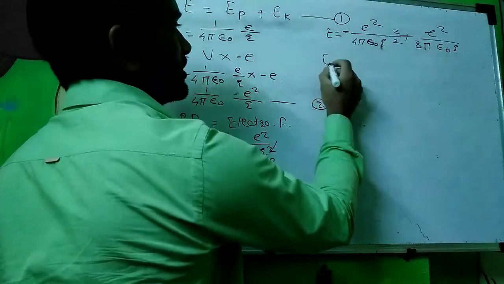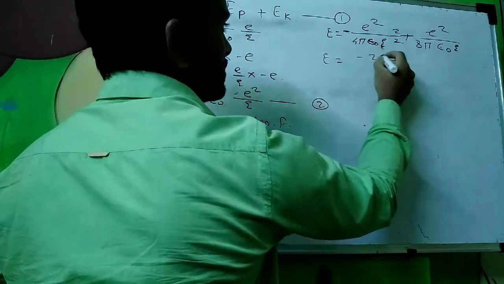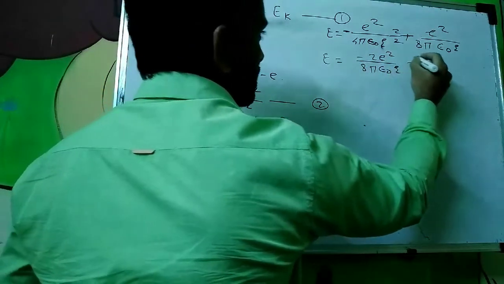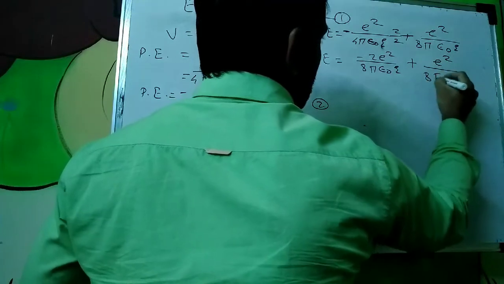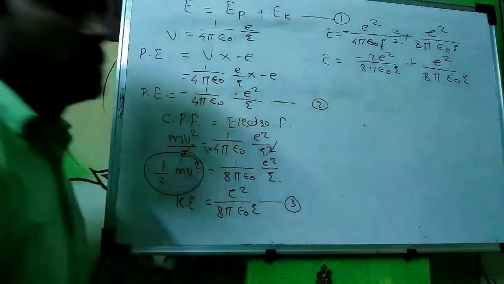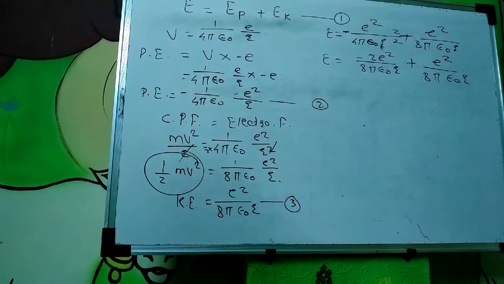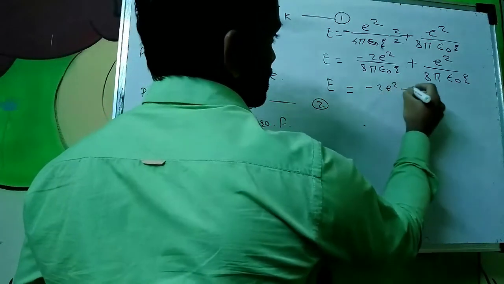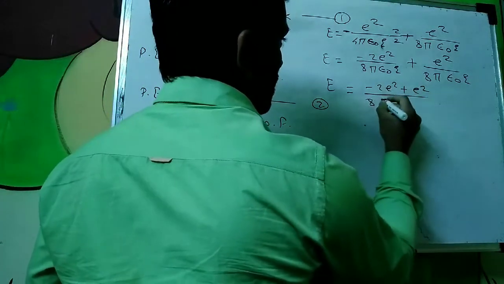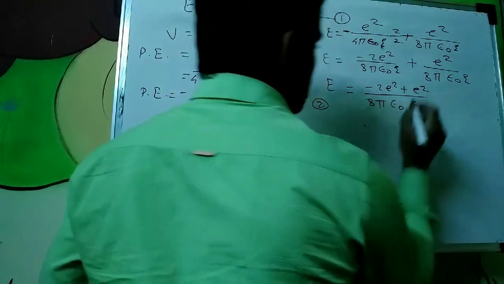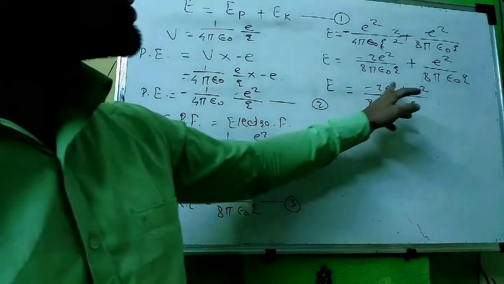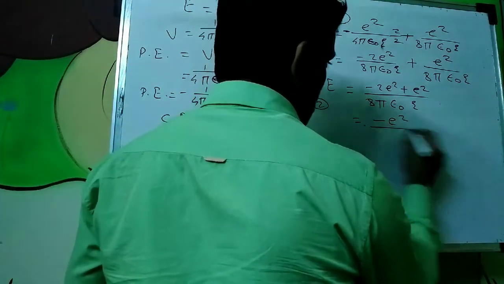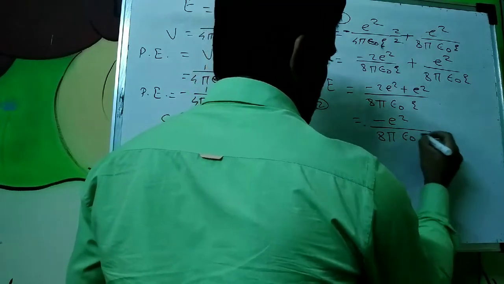Then the total energy is minus 2 e square by 2 into 4, which becomes 8 pi epsilon naught r, plus e square by 8 pi epsilon naught r. Now the denominator is the same, so we can add the numerators: minus 2 e square plus e square becomes minus e square. So we can write minus e square by 8 pi epsilon naught r.